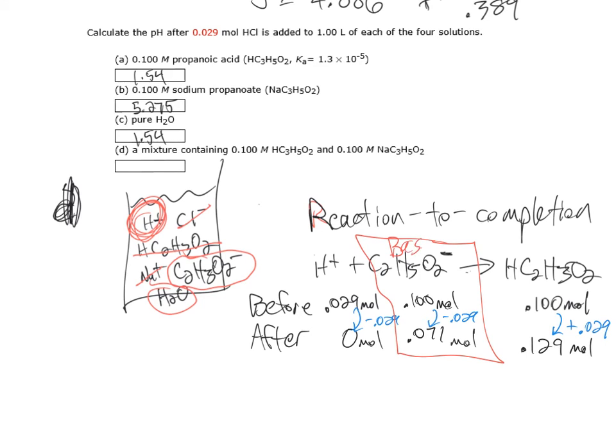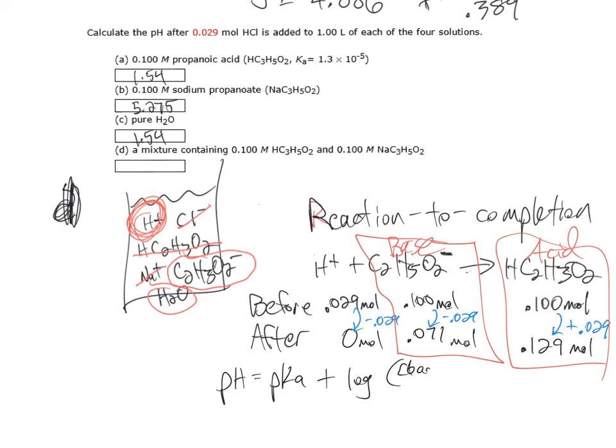We have the conjugate base of a weak acid, and we have the weak acid. Since we have at least some acid and base, we can use the Henderson-Hasselbalch equation to find pH. The Ka value they gave us up at the top, 1.3 times 10 to the negative fifth.